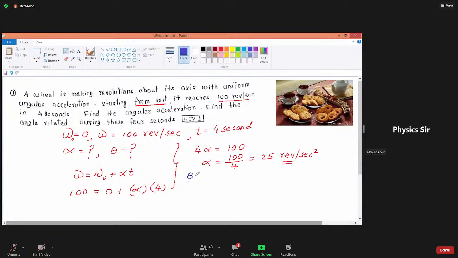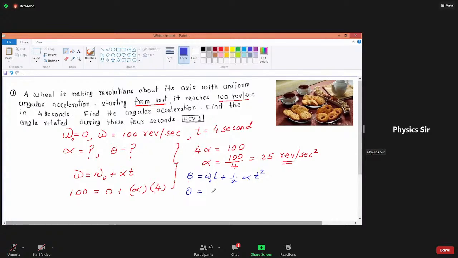I can say this theta it will be equal to theta 0 plus half alpha t square. Now this theta 0, sorry, omega 0 t na, theta 0 nahi hota hai, ut plus half at square. Omega 0 into t.